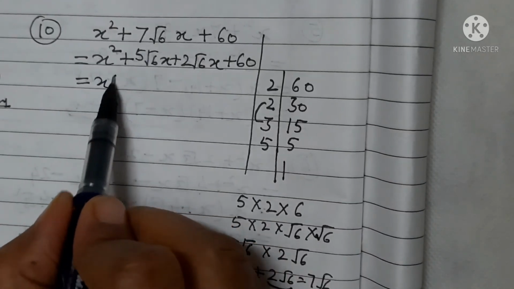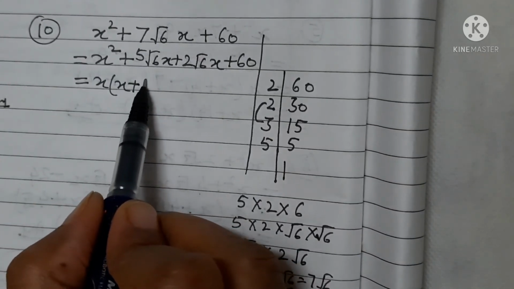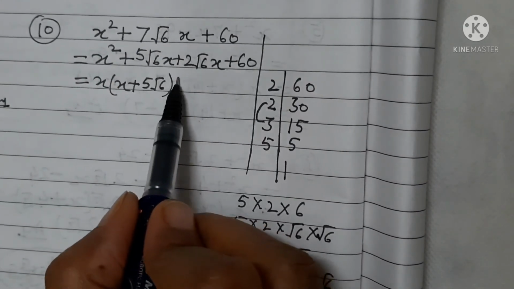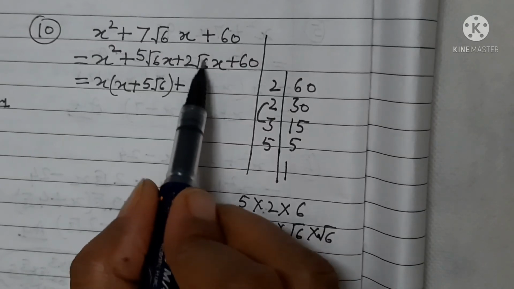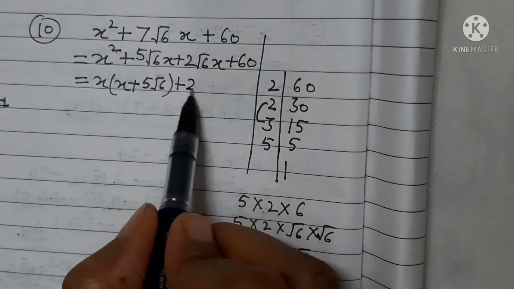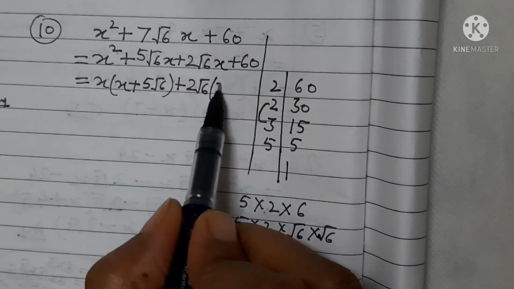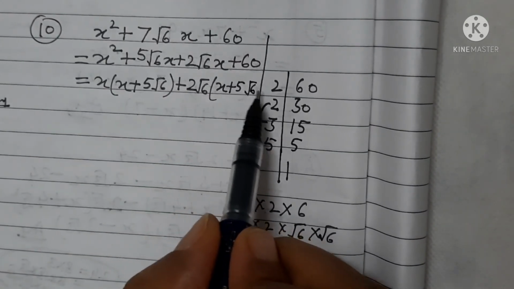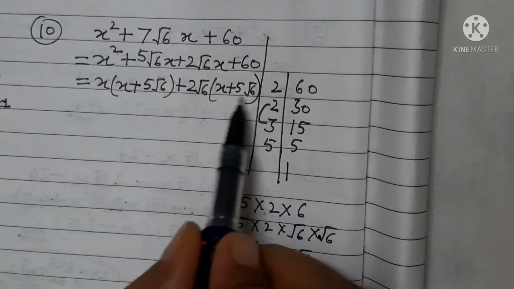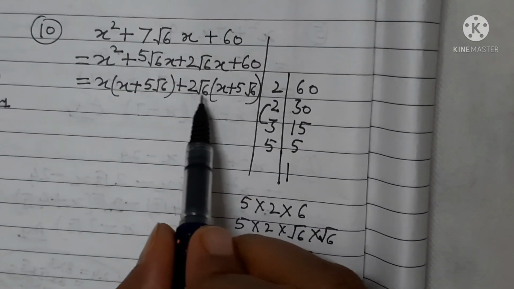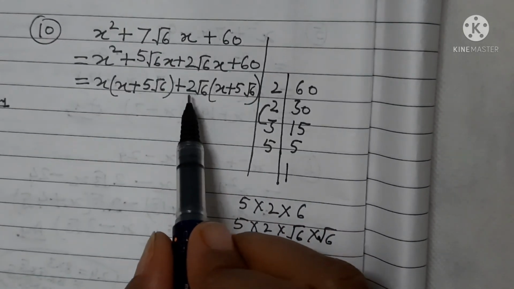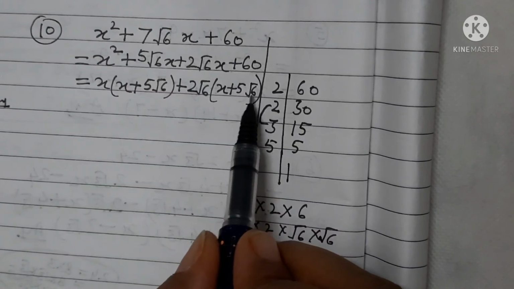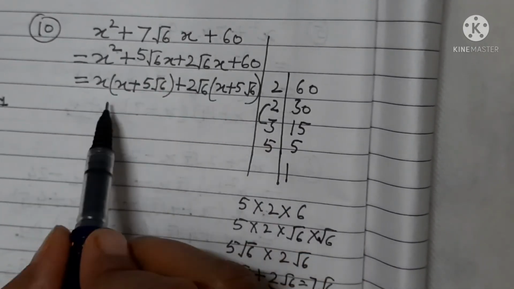Now x common, so x plus 5 root 6, and here you take 2 root 6 as common, 2 root 6 and x plus 5 root 6. When you multiply it, check, you will get 60. 5 2s are 10 and root 6 root 6 is 6. 10 6s are 60. It means correct.